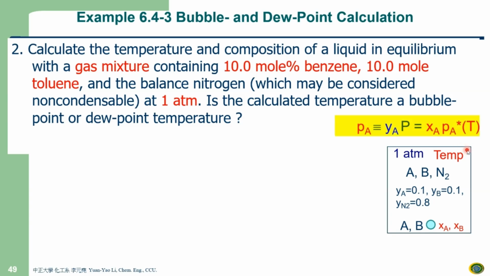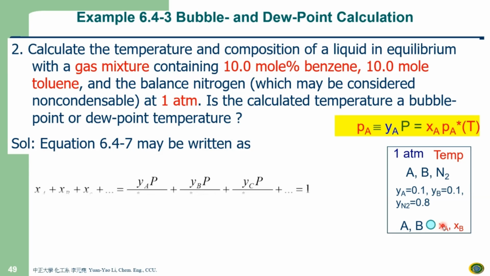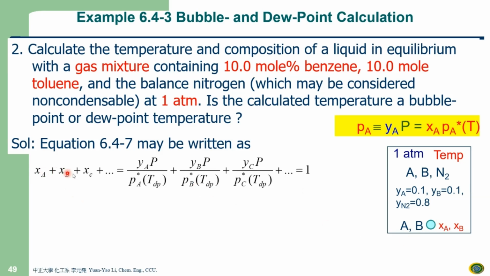Again, you just play around with Dalton's law and Raoult's law. From the equation, I hope you still remember that if you want to do the dew point, you have to sum the molar fractions in liquid together. Remember that? XA, XB, XC, XD become 1.